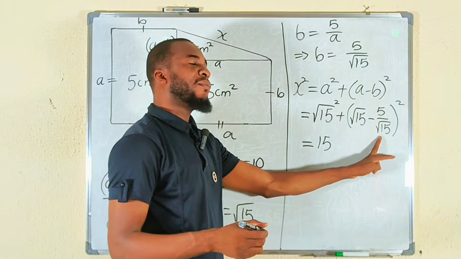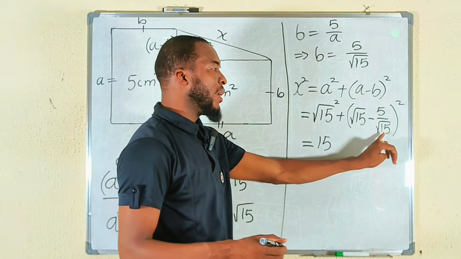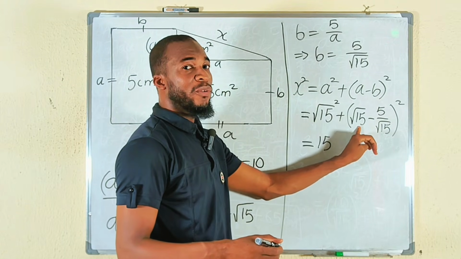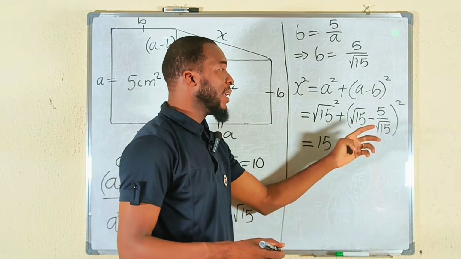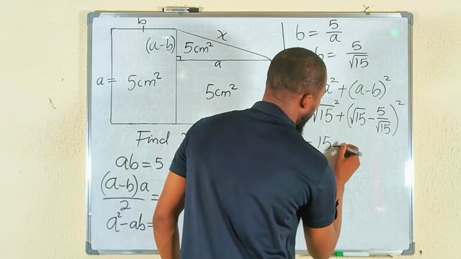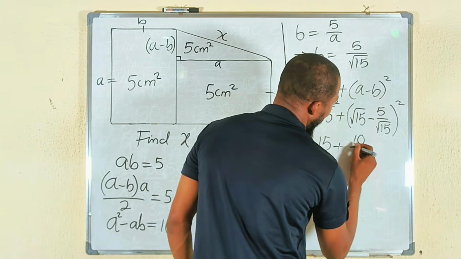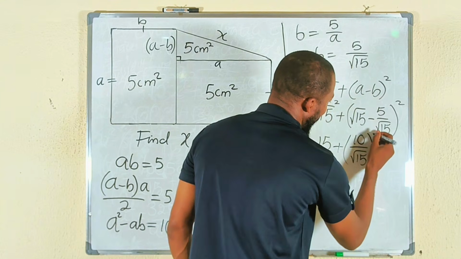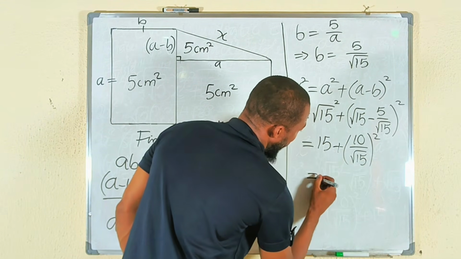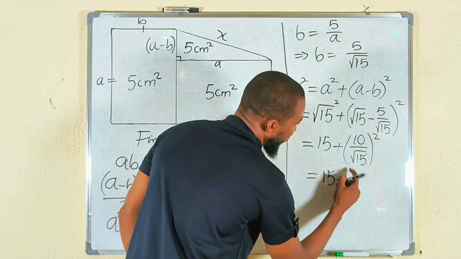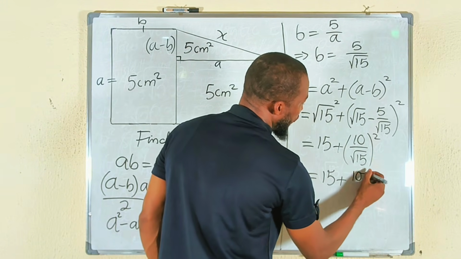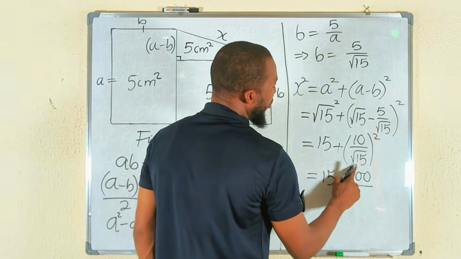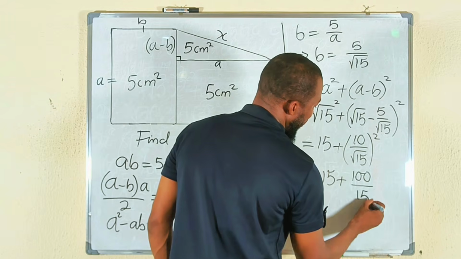But I would like to simplify this before I take the power of 2. Square root of 15 times square root of 15 is 15. Minus 5 is 10. So we have 10 divided by the square root of 15. But remember, we still have a power of 2. This is equal to 15 plus 10 squared, which is 100, divided by the square root of 15 squared, which is 15.